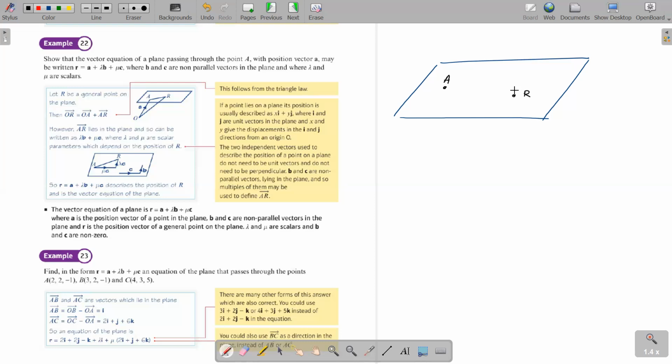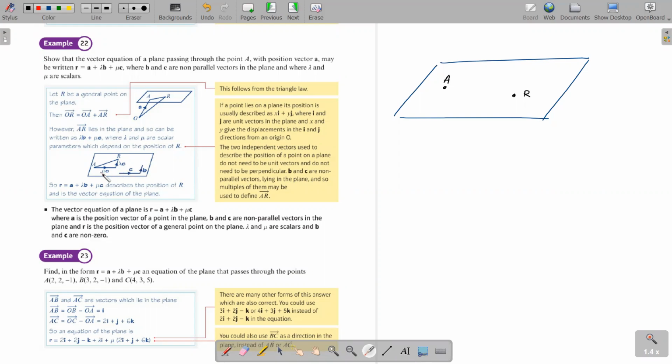R is going to be any point as long as it's on the plane. So to describe the vector equation of a plane, we actually use the help of two direction vectors who lie on the plane.